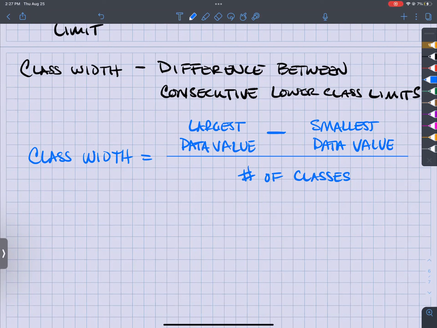Which I already talked about, right? If the age span was like 20, right? 38 minus 18 is 20, right? And if I wanted 5 classes, then I would divide that by 5 and know that it's 4.